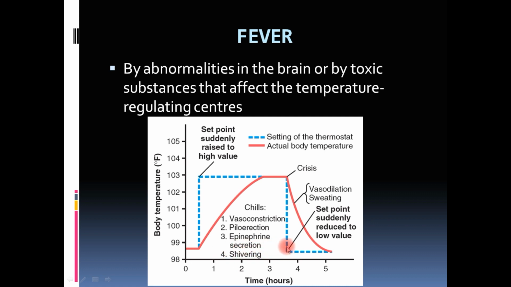When the toxins are removed or their actions are destroyed, the set point suddenly reduces to a lower value. At that time, the mechanism which starts is called crisis. In this mechanism, vasodilation and sweating take place, which increase the heat loss from the body, causing the body temperature to come down.